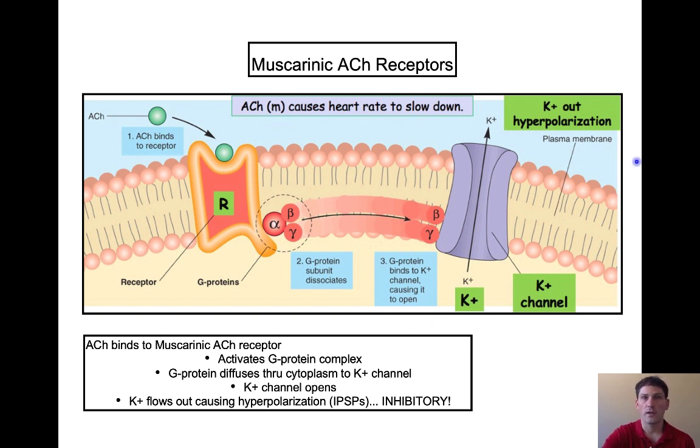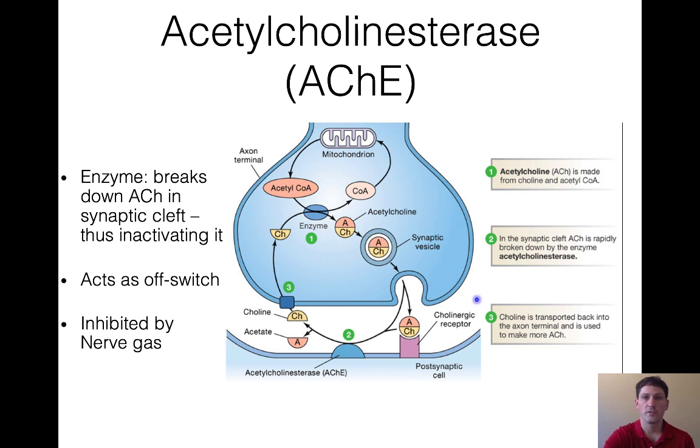So if we're talking about muscarinic receptors in our heart and there's nerve gas present, the acetylcholine is going to continue to bind with those muscarinic receptors, progressively slowing down and slowing down that heart rate until eventually it stops.